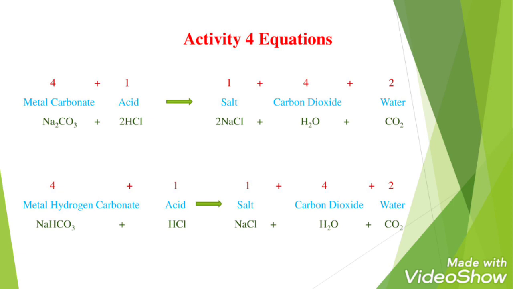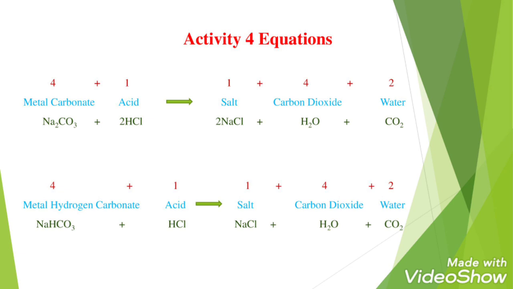Metal carbonate is 4 plus acid is 1. It gives rise to salt 1, carbon dioxide 4, water 2. So 4 plus 1 gives rise to 1 plus 4 plus 2. In this way students can practice easily.